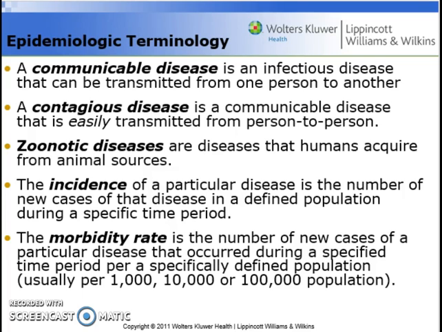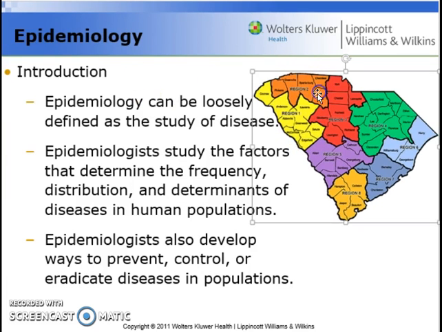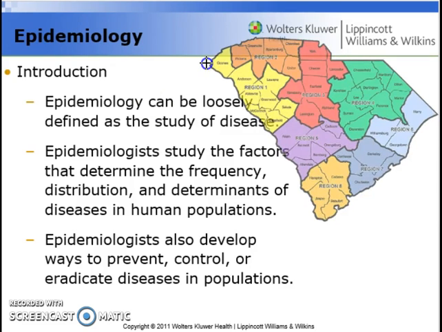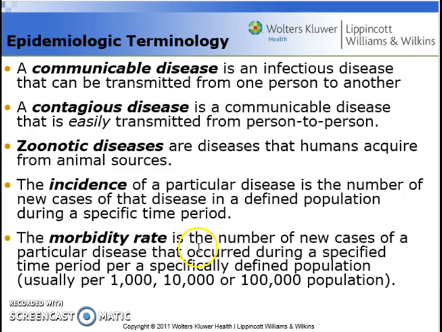So to figure out incidence, you have to select a region. Let's go back to our South Carolina map. Say region 2, and say we're looking for, again, Zika virus incidences. You would limit your observations to just region 2, and then you also want to look at a specific time period.